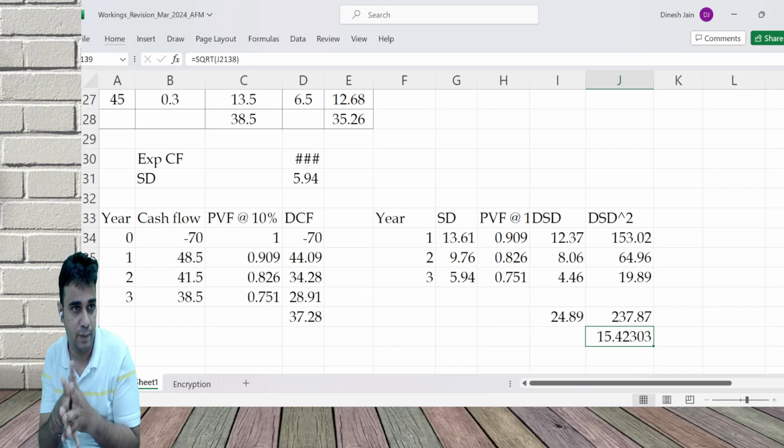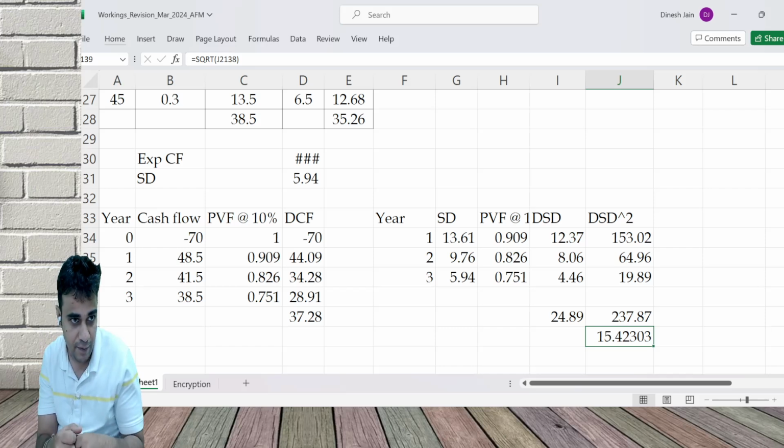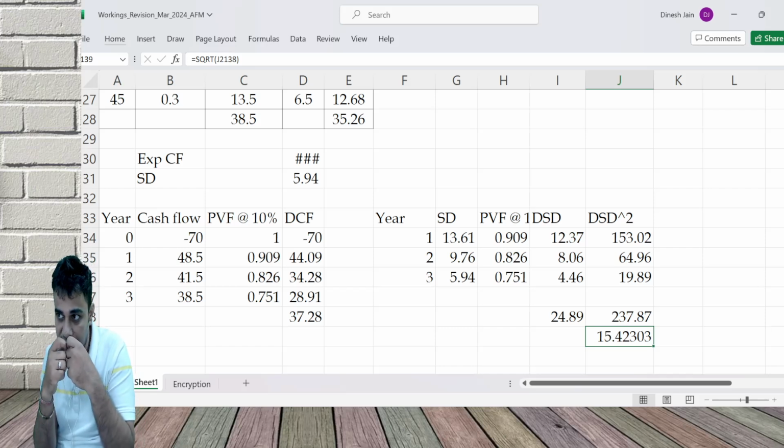Mostly 3 or 4 will be there. So you complete those NPV calculations. Then you do NPV, probability, product, deviation, PD square. Once you do this, the sum of the product is the expected NPV. Square root of PD square is the standard deviation. Standard deviation divided by NPV is called the coefficient of variation.